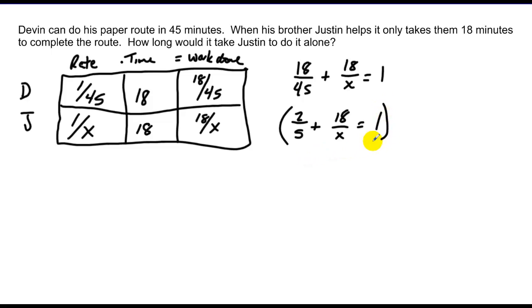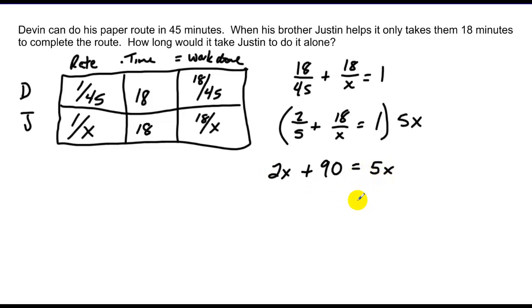Multiply both sides by the LCD of 5x. We end up with 2x in this case. The x is reduced in this case. 5 times 18 is 90, and I end up with 5x over here.